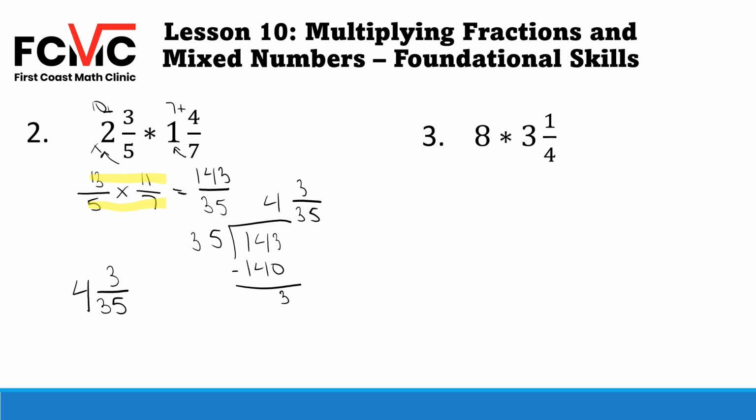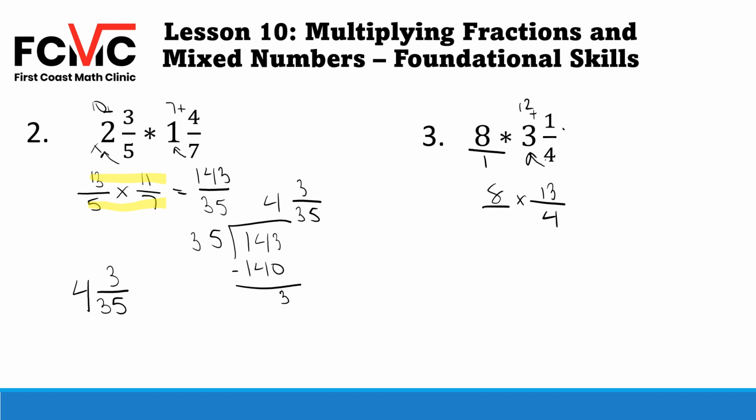For number 3, we do the same thing. Let's convert our 3 and 1/4 to an improper fraction. 4 times 3 is 12 plus 1 is 13. So we're going to get 13 fourths times, and we have 8 here. Well, we know any number we can make a fraction just by putting it over 1.